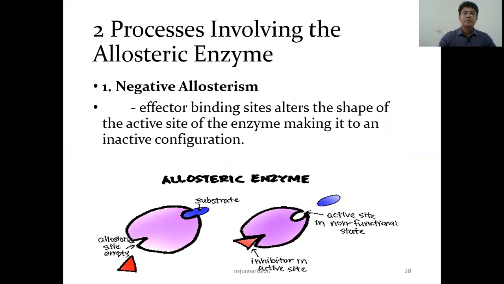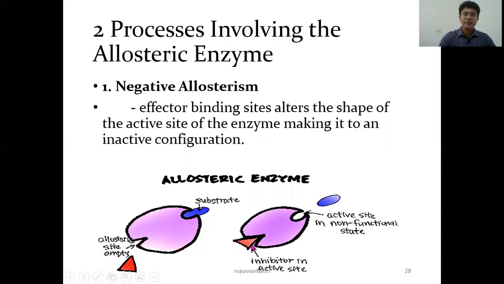The processes which involve allosteric enzymes include negative allosterism or positive allosterism. If the effector binding site alters the shape of the active site of the enzyme, making it an inactive configuration, then such a kind of allosterism is called negative allosterism. Here you can see the substrate can bind to the free enzyme and to the allosteric site when the inhibitor binds.